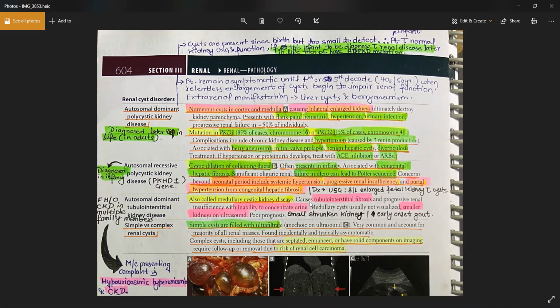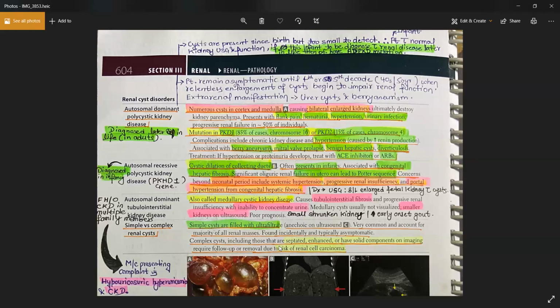Now you have the simple cyst and the complex cyst. Simple cysts are just filled with ultrafiltrate, the GFR. The complex cysts are filled with some solid components, could be cells, could be anything. For example, if you find cystic appearances on the kidney which are solid, nodular appearances, you can think about renal cell carcinoma also, right?